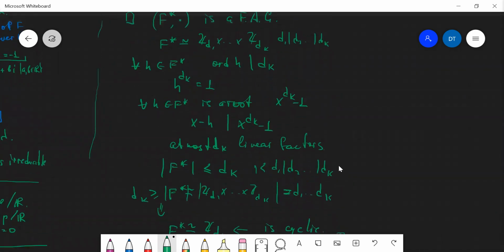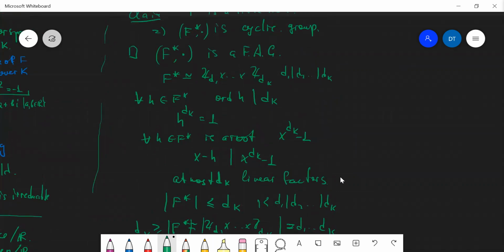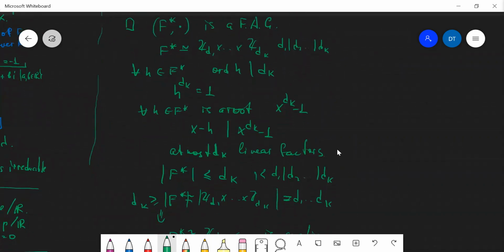No, I mean, it's possible. There is a situation when we have only one factor, only d1, when k is equal to 1. It's possible that we have only one factor if we have a cyclic group, and we want to show that we have only one factor. We want to show that it's impossible to have several factors.